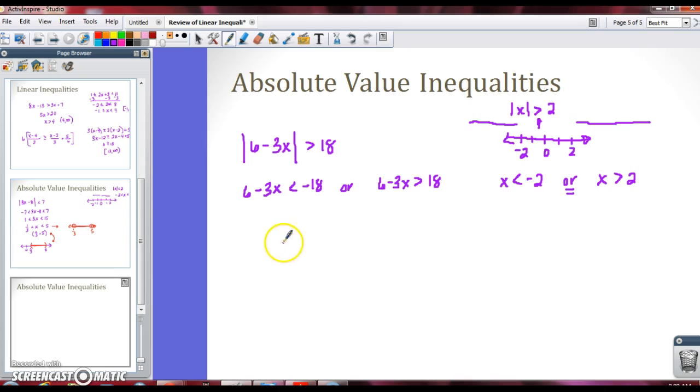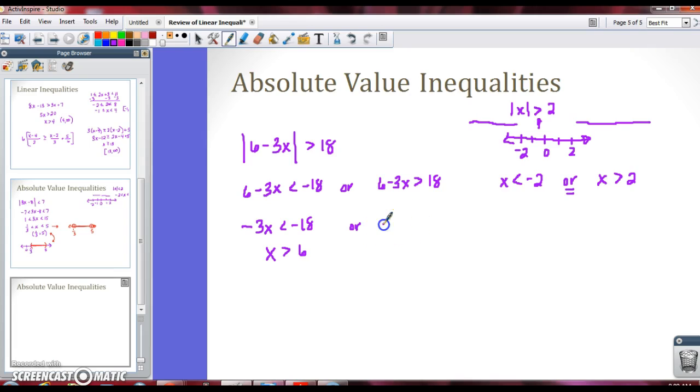When I do both of those out, I end up with -3x is less than -18. Remember, when you divide by a negative, you have to flip that inequality symbol. So this becomes x is greater than +6.